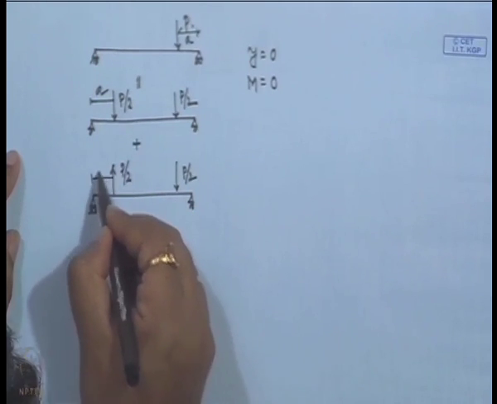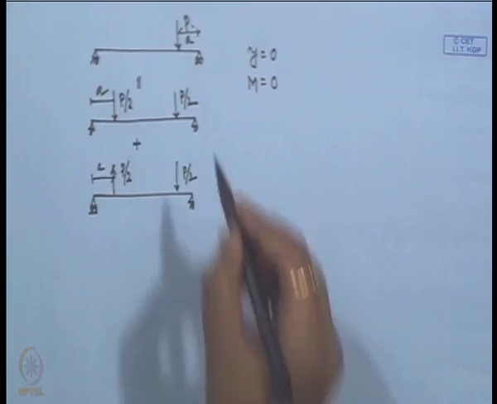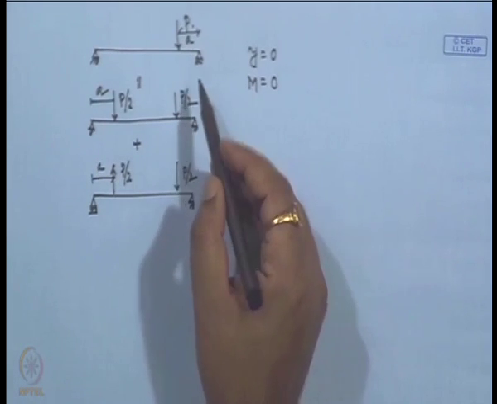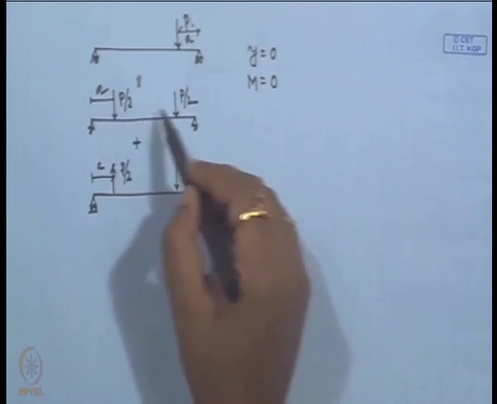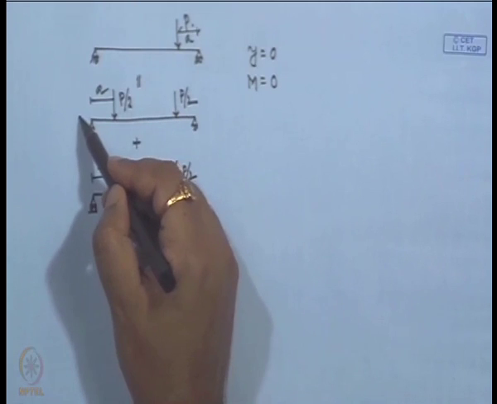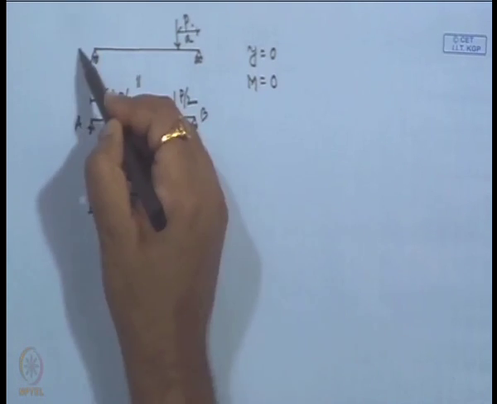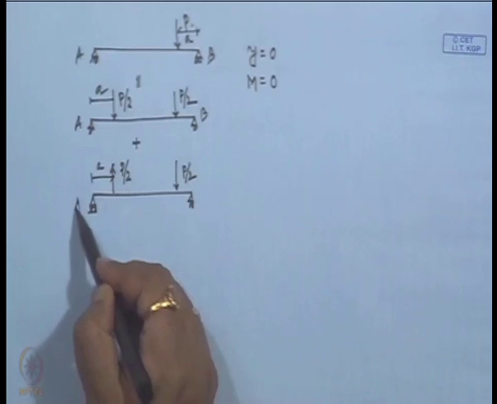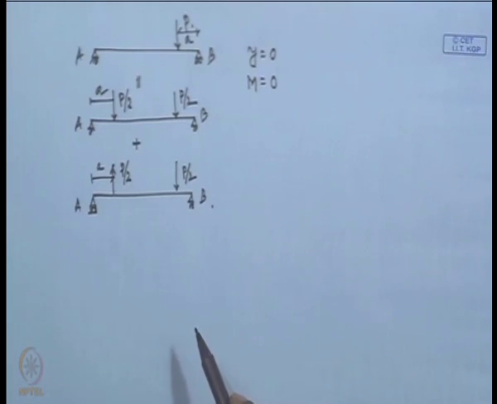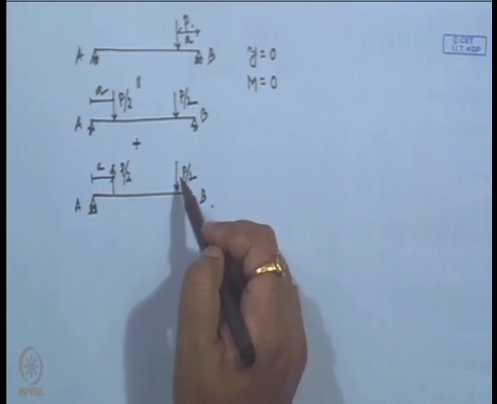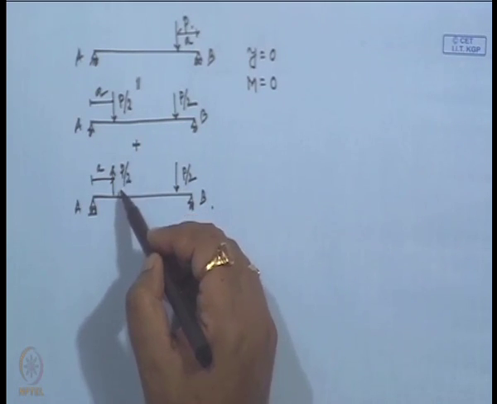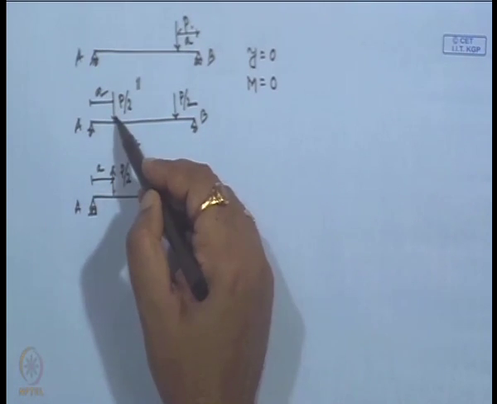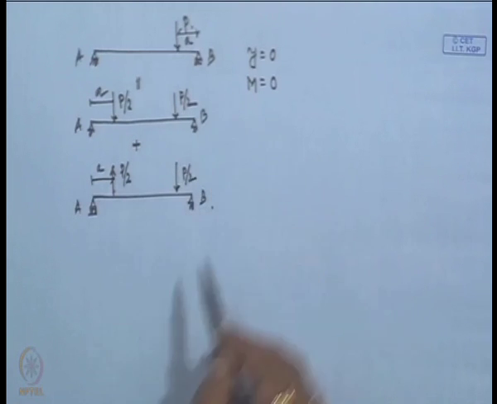The distance is the same. So, this is the symmetric condition, where we can get the expression, P by 2 both acting downwards with the same distance from the end conditions A and B. Another one is the antisymmetric loading condition, with P by 2 acting in the downward direction and P by 2 acting in the upward direction. So, net force is 0 at this point and this is P, which is the original force.